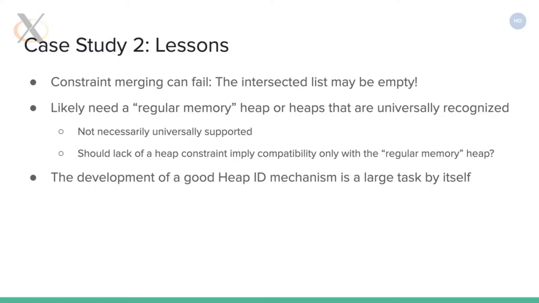But this makes sense because you cannot scan out from both at the same time. Just something to keep in mind. And yeah, we need to come up with a good heap ID mechanism. I think the discussion just right now is a good demonstration of this.